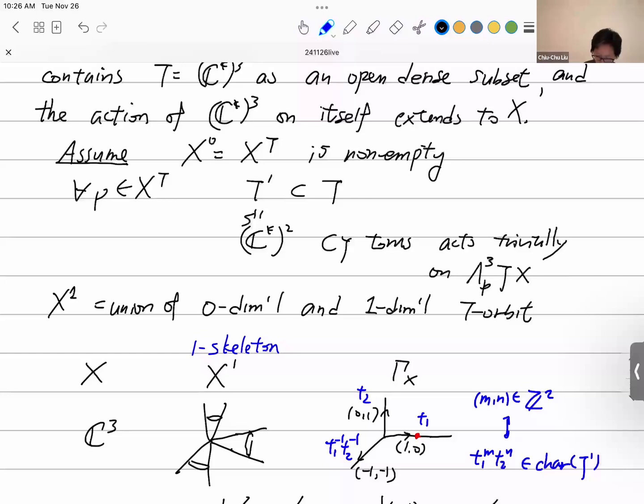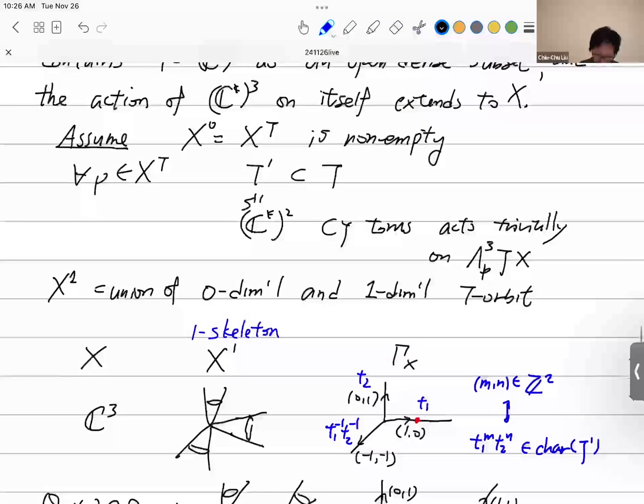So we make this line generated by (1, 0), which corresponds to T1, (0, 1), which corresponds to T2, and (-1, -1). Okay, so this is the toric graph for C3.